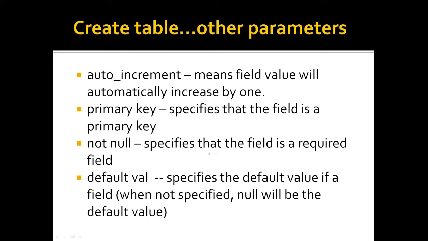Not null specifies that the field is a required field, so that means you should always place a value in that field. Default followed by a value specifies the default value of the field. When not specified, null will be the default value.